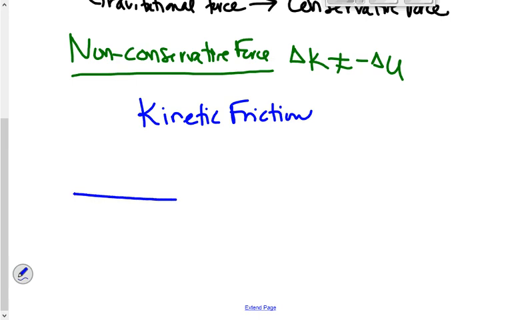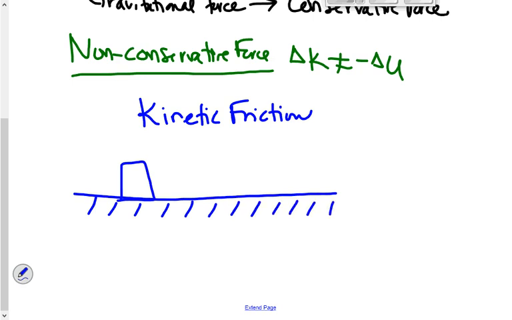Okay, if I have the ground and I have some block and this is a friction-full surface, so there's going to be friction. If I give the box a push so that it has some initial velocity in that direction, so it's got some initial kinetic energy, right?